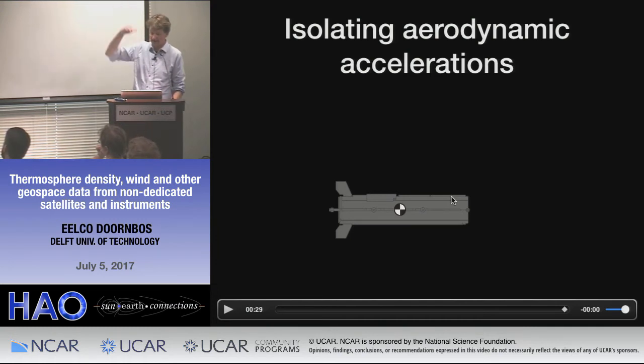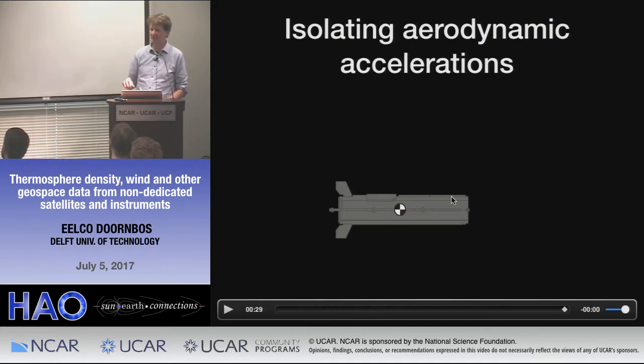Especially if you go to very high altitude, at low solar activity. For example, where the Swarm satellites are now, at 460 to 520 kilometers altitude. We're now approaching the solar minimum, and we're having a lot of trouble getting good data from the Swarm measurements, because basically the radiation pressure is about the same order of magnitude as the aerodynamic accelerations.